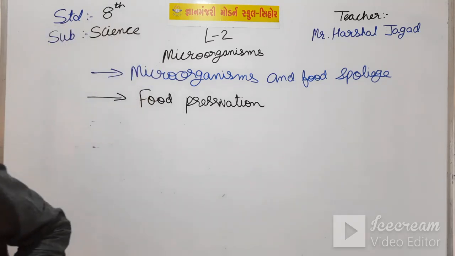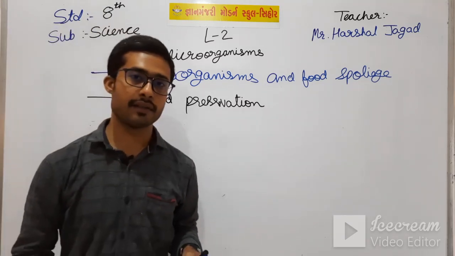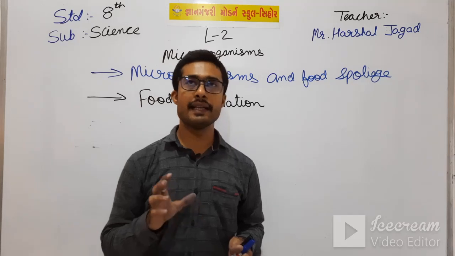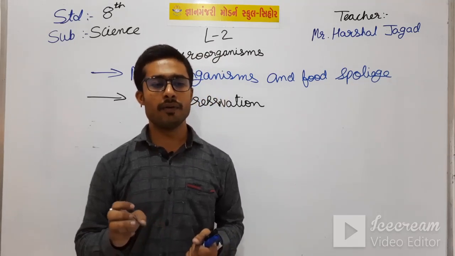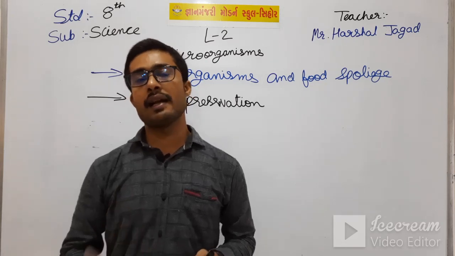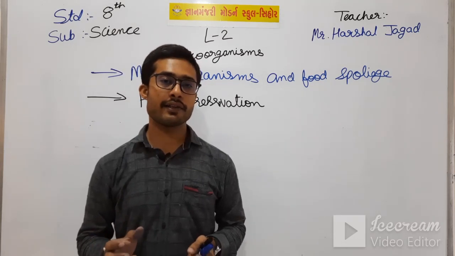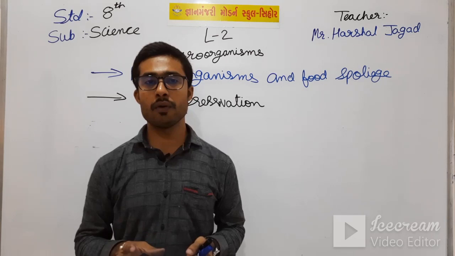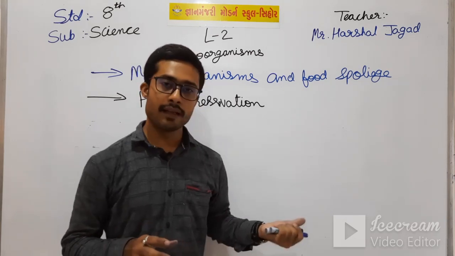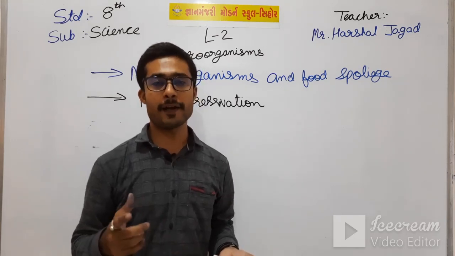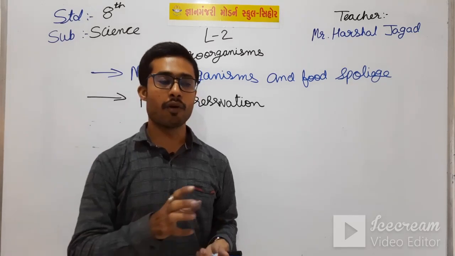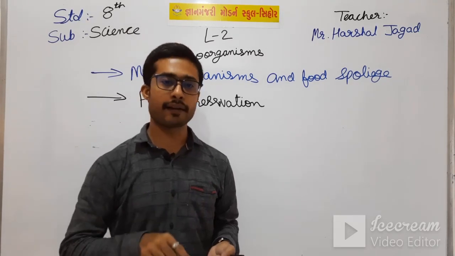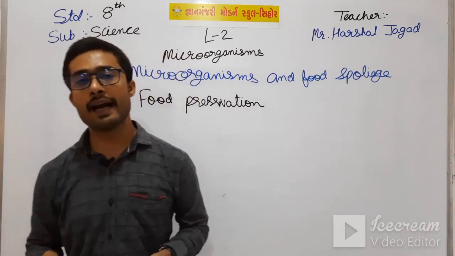Then we have taken dehydration. In dehydration we have talked about first of all what is dehydration. Dehydration means the water molecules present in the food are evaporated or taken out from it. So it is known as dehydration.